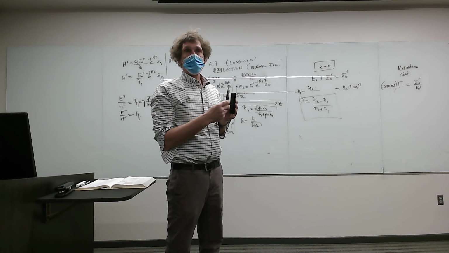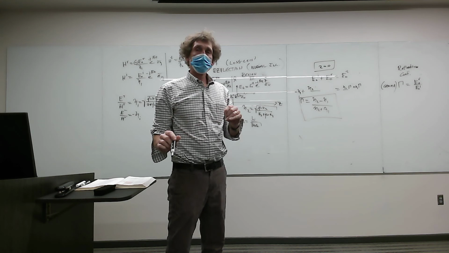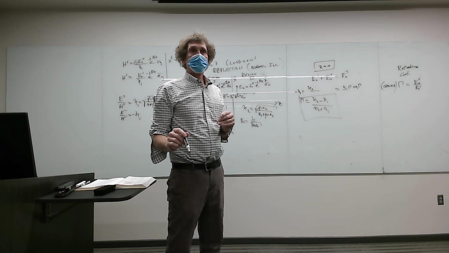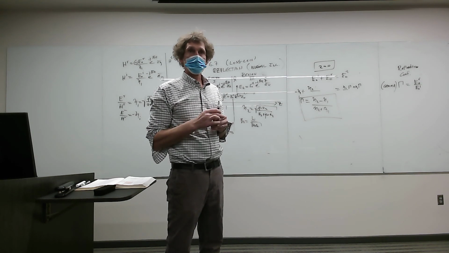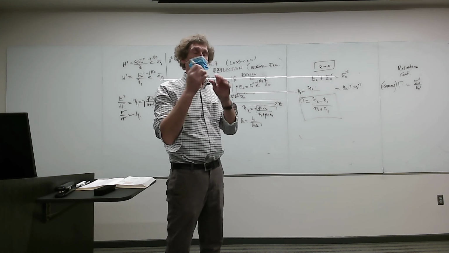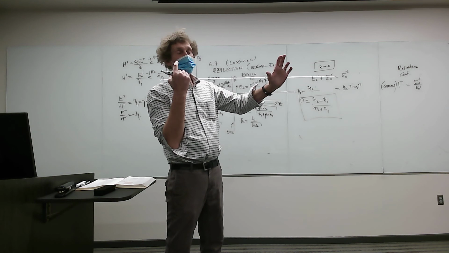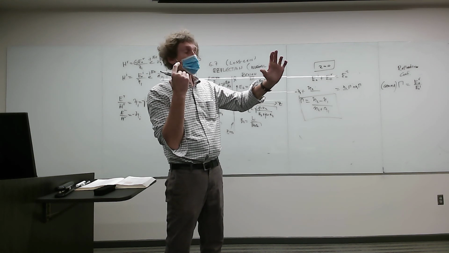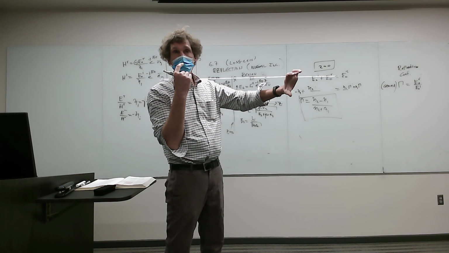And I want to tell you one thing. It's almost identical to something that you had in your transmission line portion of the earlier course. You all had transmission lines, right? Do you remember when you had a transmission line with characteristic impedance Z1 or Z0 going into either a load or another transmission line with characteristic impedance Z2?